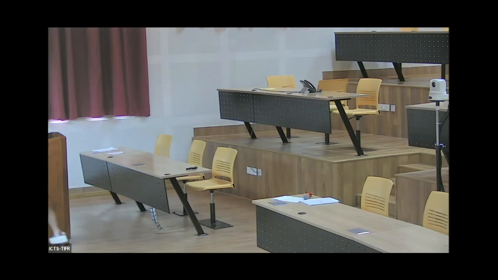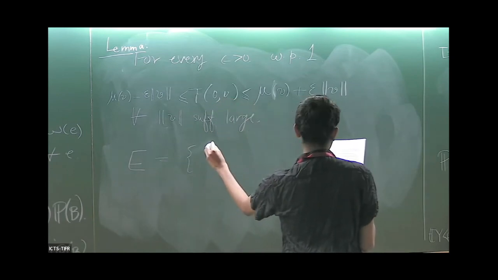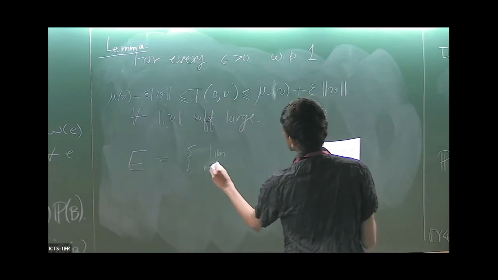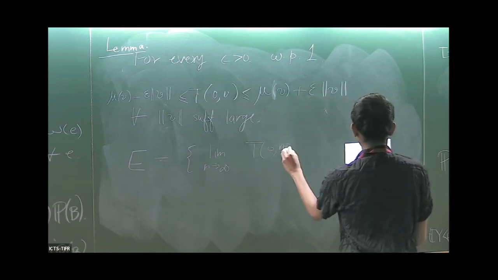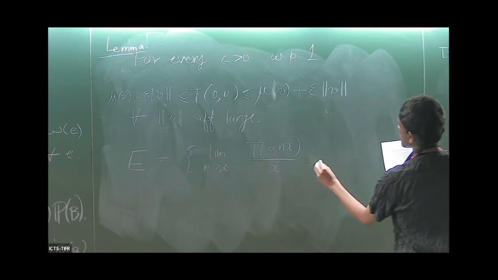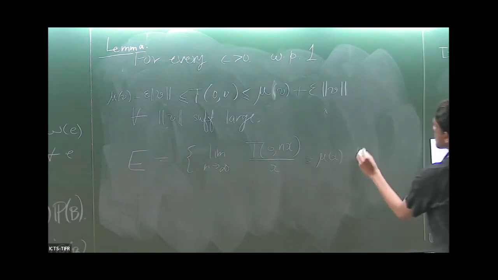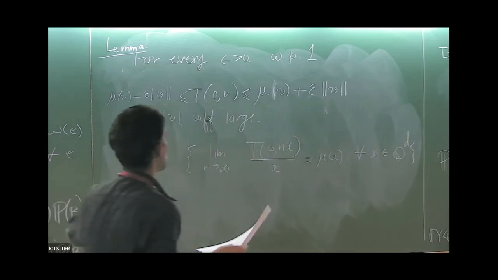So let's define an event. We're going to define an almost sure event on which this holds. So let's say E is the event that n goes to infinity of the scaled passage time converges to the limit constant.